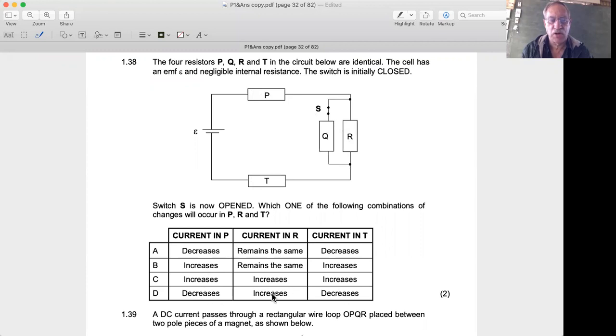Does the current increase in R? No, the voltage across R is the same, so there's no reason why the current should increase. So the answer is going to be decrease, decrease, and remain the same.